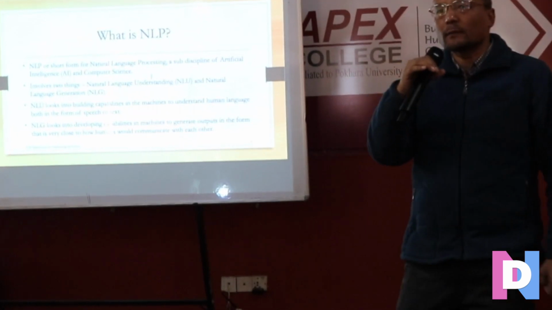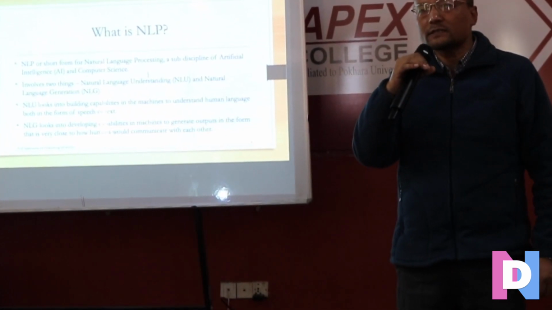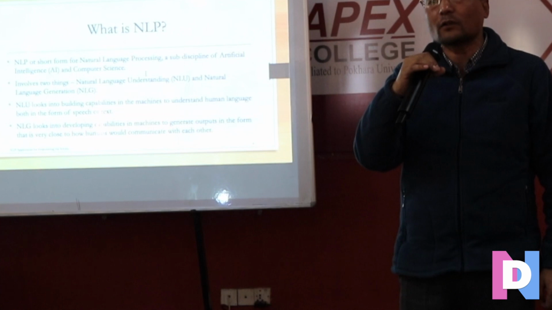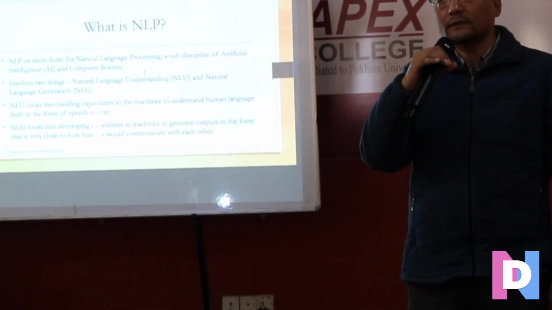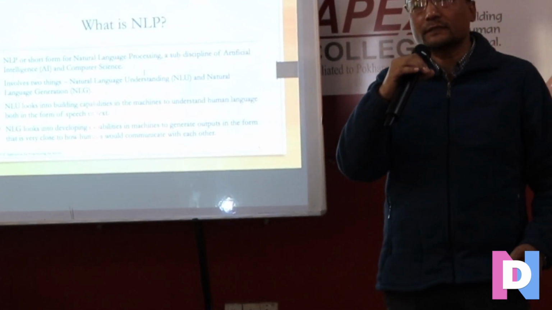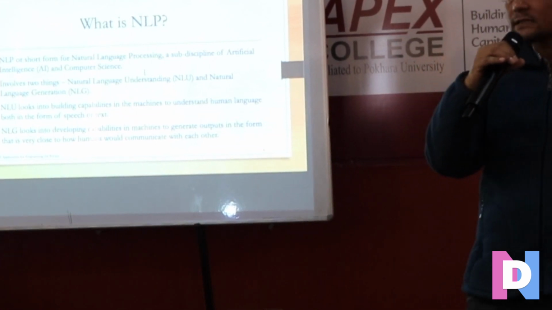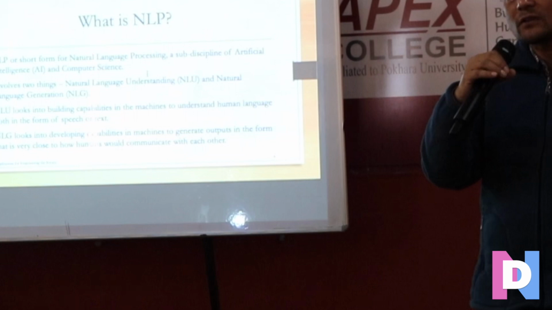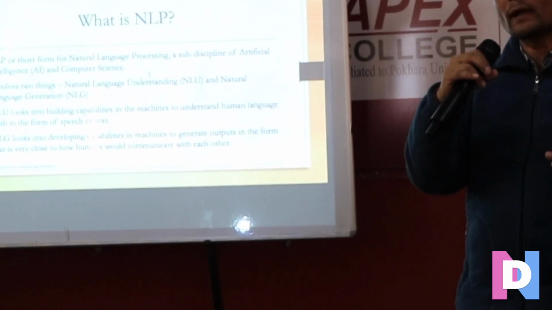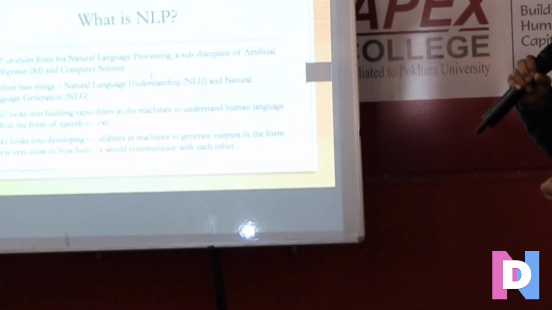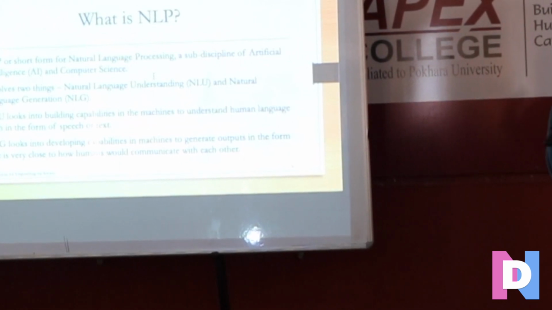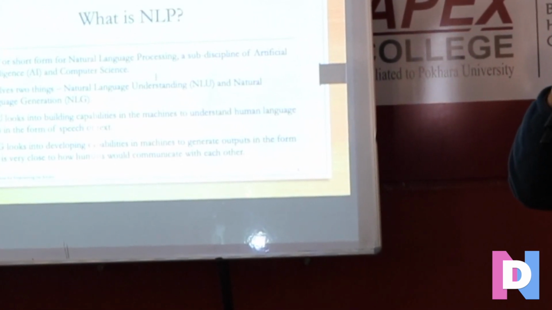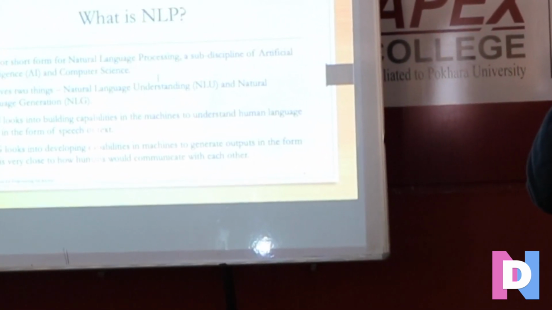Natural language processing is a sub-discipline of artificial intelligence and computer science, and NLP is the short form for natural language processing, which you already know by now. All right, and this involves two things: natural language understanding and natural language generation.